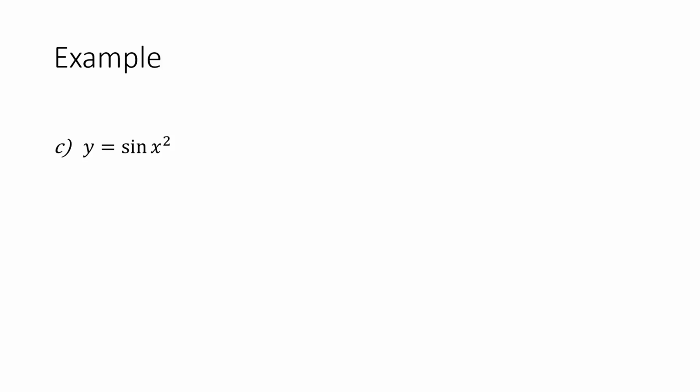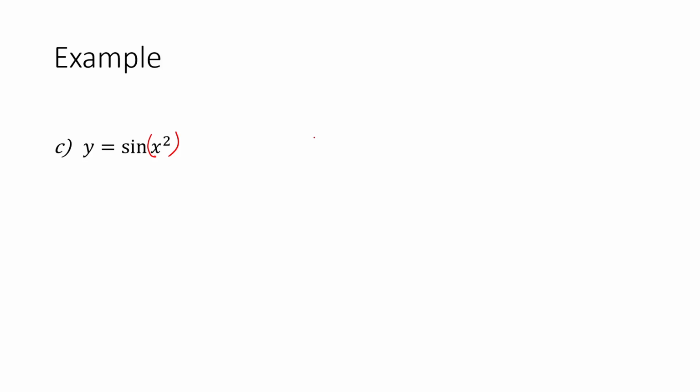Okay, now this next question, we have the sine of x squared. We want to make a distinction between the sine of x squared and the sine of x quantity squared. In this case, the exponent of 2 is operating only on the base of x. So what we're going to do is use the chain rule.